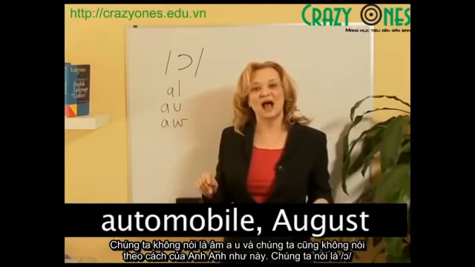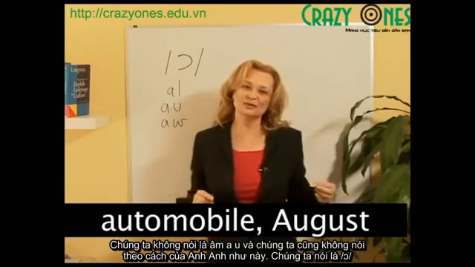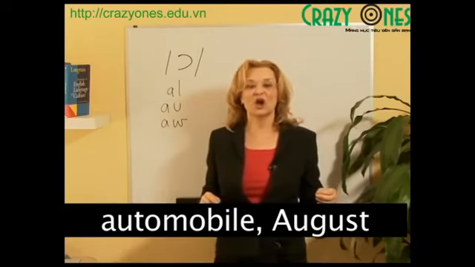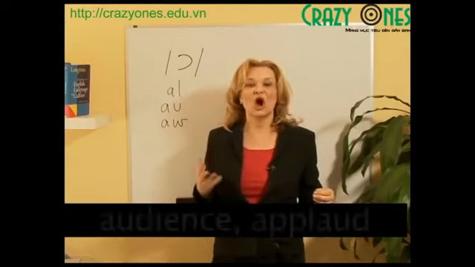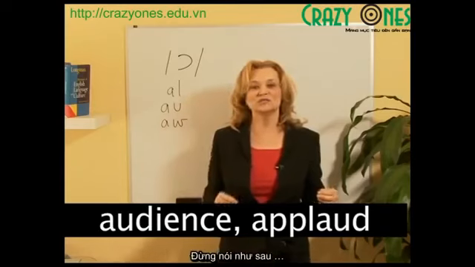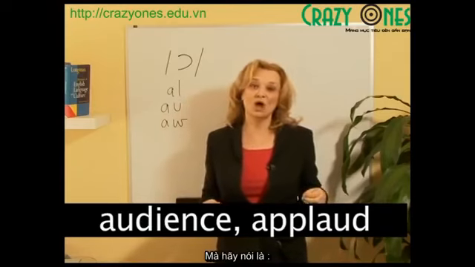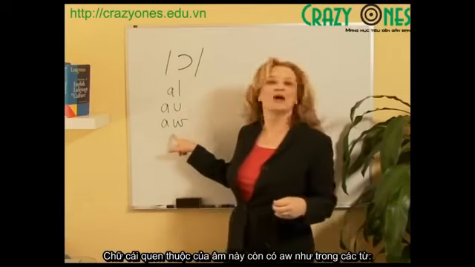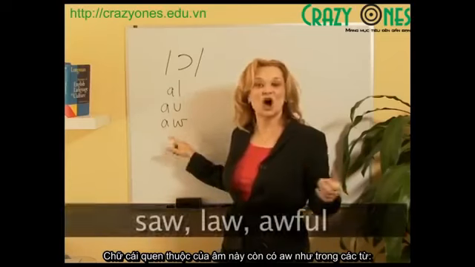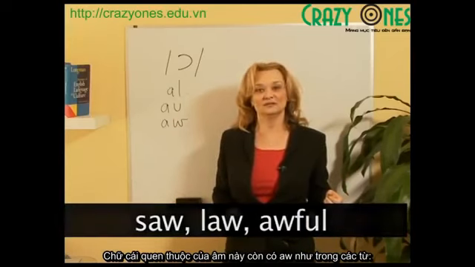We don't say August, we don't say ow, and we don't say the British way, we don't say o, we say ah, August, audience, applaud. Another common spelling pattern is the AW, as in saw, law, awful.